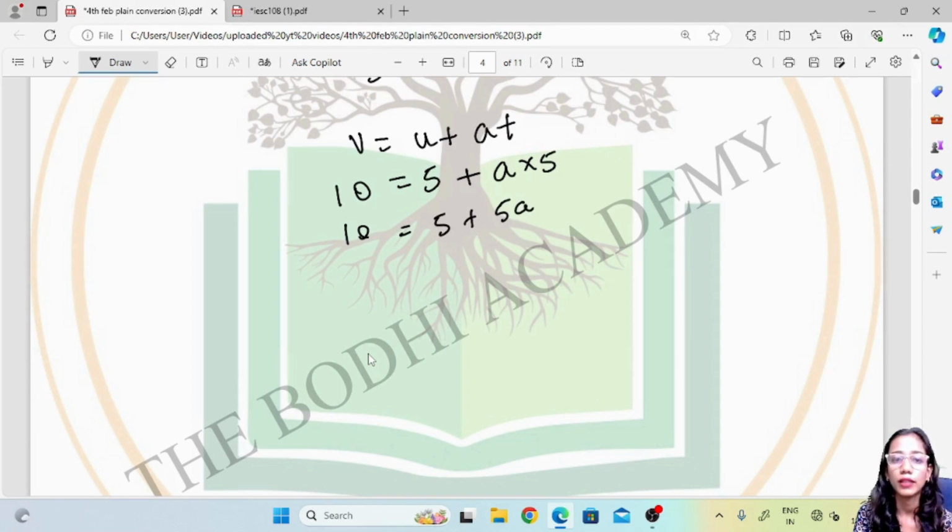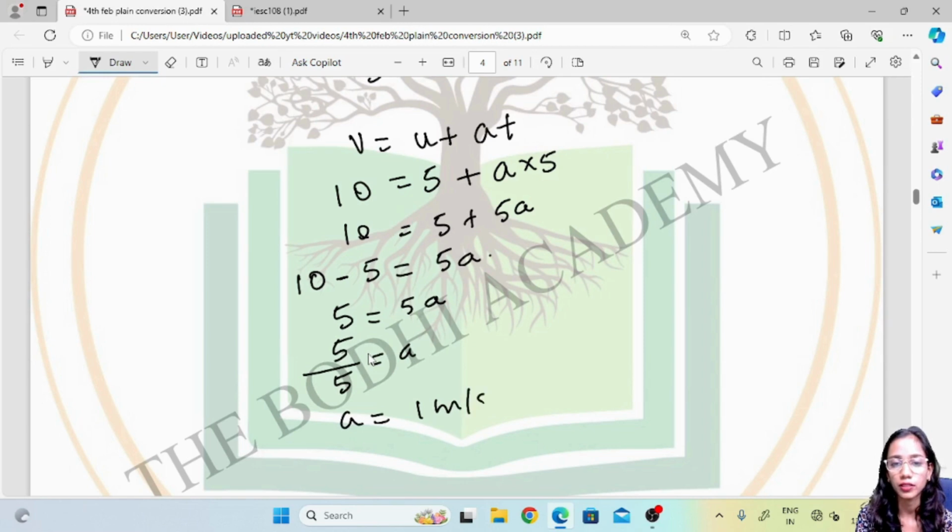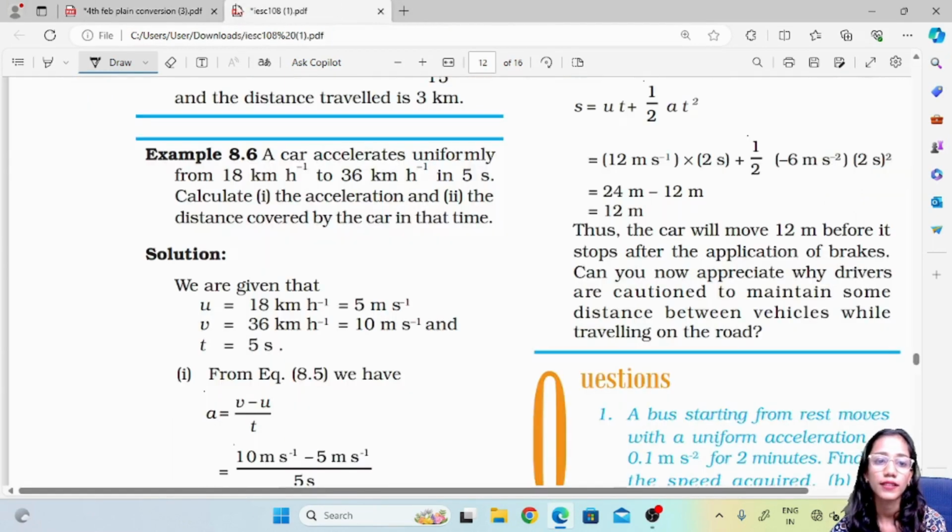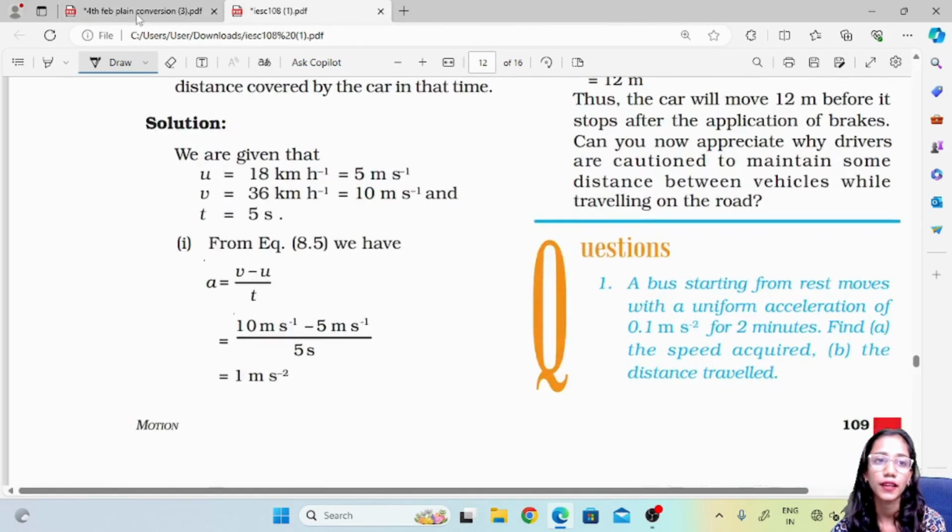So 10 minus 5 is 5a. So it will be 1 meter per second square. So the acceleration will be 1 meter per second square.